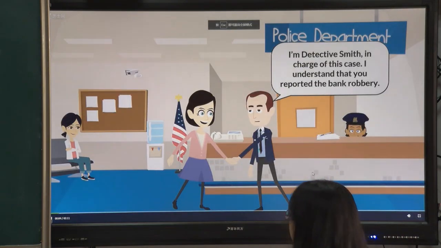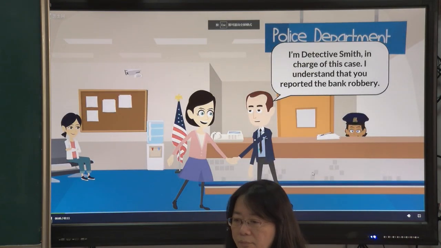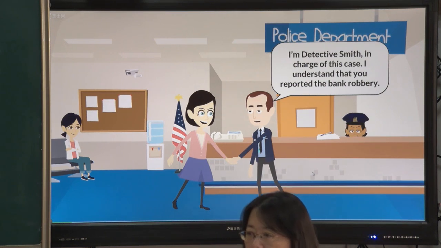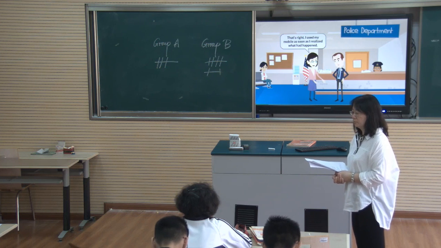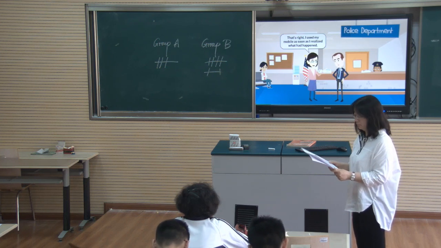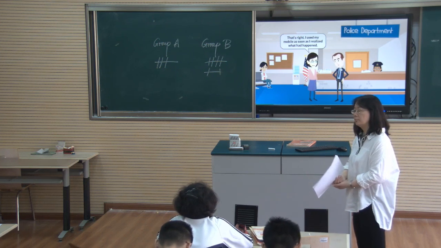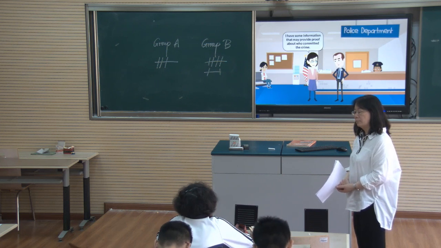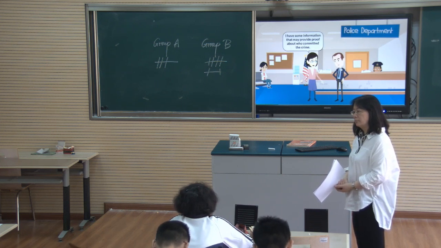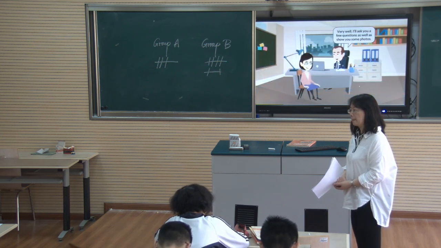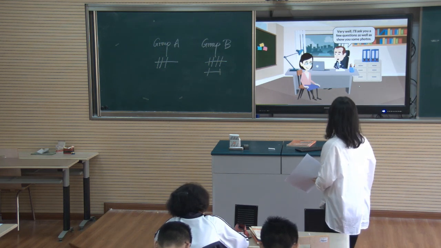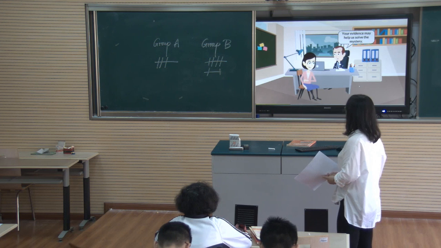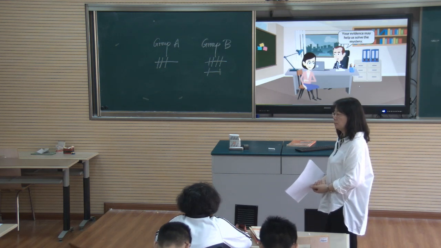I'm Detective Smith, in charge of this case. I understand that you reported the bank robbery. That's right. I used my mobile as soon as I realized what had happened. I have some information that may provide proof about who committed the crime. Very well. I'll ask you a few questions as well as show you some photos. Your evidence may help us solve the mystery.